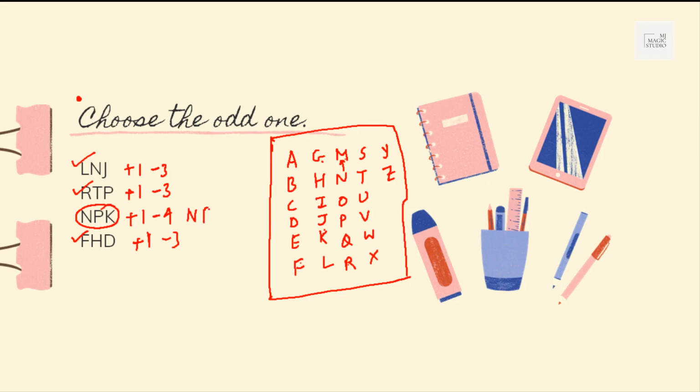If it would have been NP and then 1, 2, 3, L, then it is with +1 and -3 to be a member of the group.